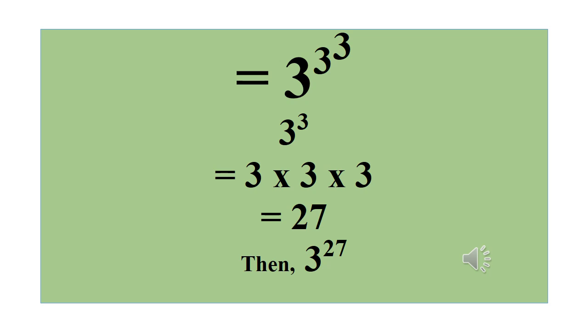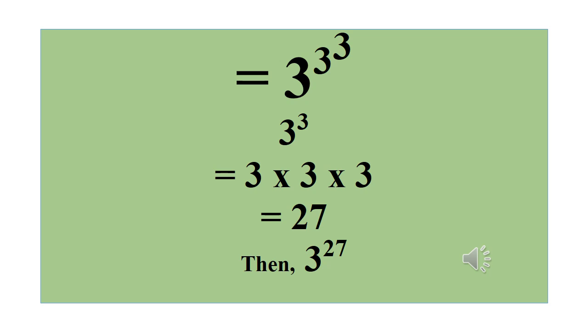Now, 3 raised to power 3 raised to power 3 means we take the first power there, then raised to another power, that is 3 raised to power 3. When we take that, it will give us 3 in 3 places, that is 3 times 3 times another 3.